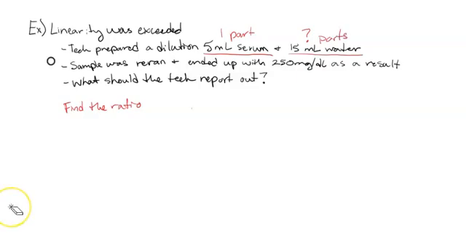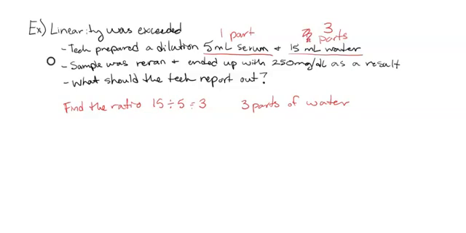So we're going to take 15 and divide it by 5, and that's going to give us 3. That tells us how many parts of water we have. We're going to have 3 parts of water, so we can put 3 up here.